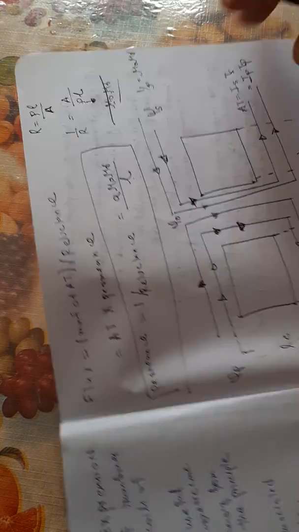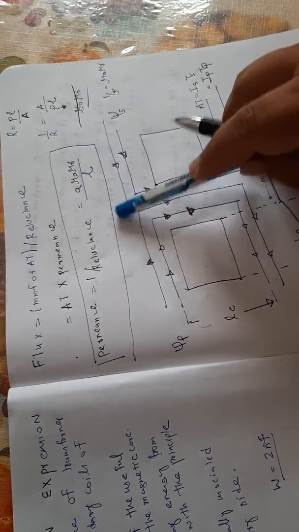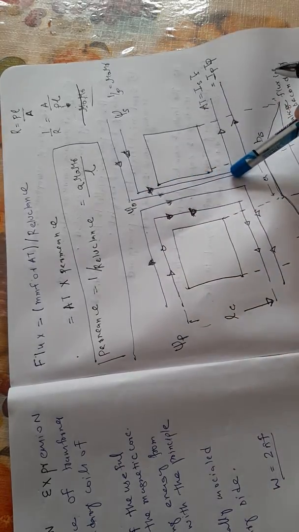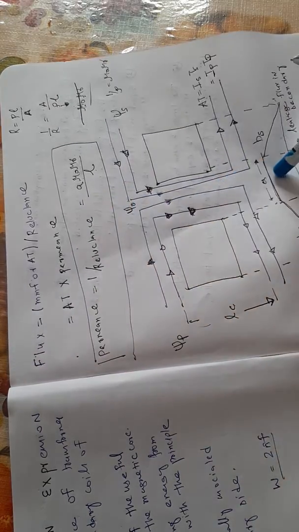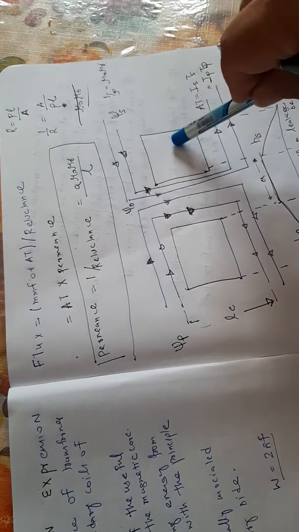So you see, this portion psi naught is half of the leakage flux, and this is flowing in the duct. So this half links here and this other half links here.